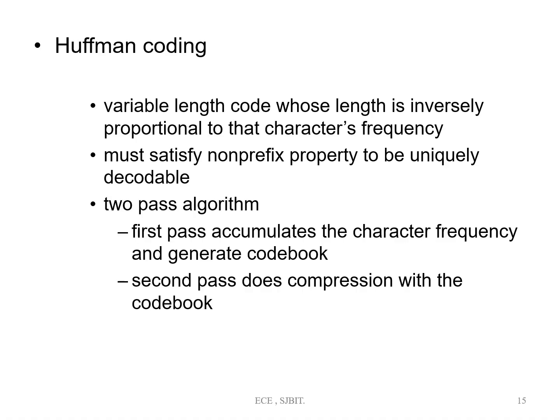In Huffman coding, a variable length code whose length is inversely proportional to that character's frequency shall be selected, and it must satisfy the non-prefix property to be uniquely decodable. The two-pass algorithm for Huffman coding is: the first pass accumulates the character frequencies and generates the codebook, and the second pass does the compression with the codebook.